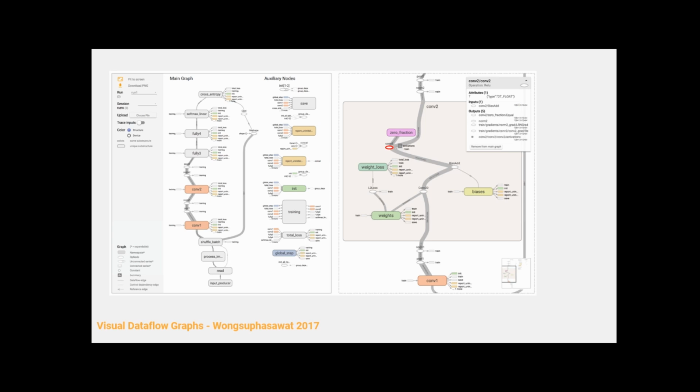I actually got a lot of inspiration from this paper, whose author I'm not going to pronounce right now. We don't have the time to discuss it in detail, but for those of you who are interested in this kind of visualization, it's certainly an interesting paper. They're trying to understand complex machine learning architecture with sometimes over 50,000 nodes.